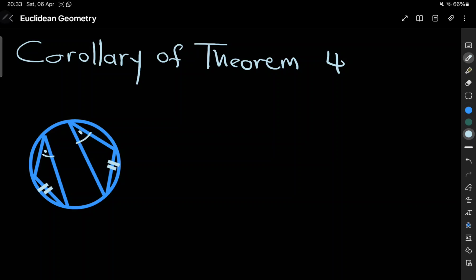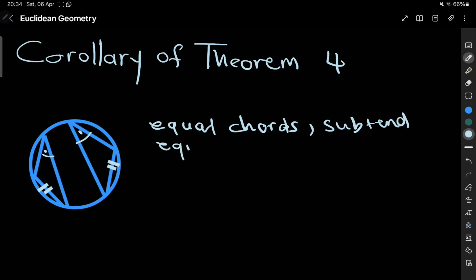The reason for that is that equal chords subtend equal angles. You can also just say equal chords, equal angles, which is another way of summarizing the reason. That's the corollary of theorem 4, meaning that we are following up from theorem 4.